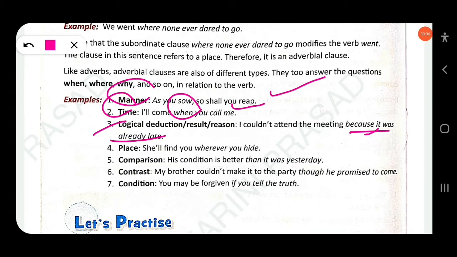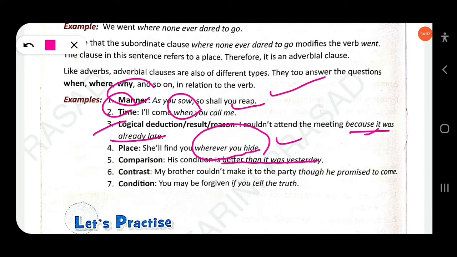Place: she will find me wherever you hide. Wherever you hide is an adverbial clause of place. Comparison: his condition is better than it was yesterday. Better than it was yesterday is an adverbial clause of comparison. Contrast, the opposite: my brother could not make it to the party though he promised to come.